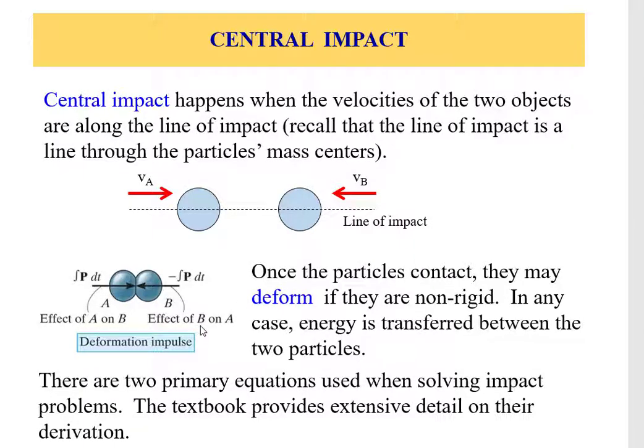Also, it's important to notice that in the impact, this is about the line of impact, the deformation takes place as a result of this momentum.